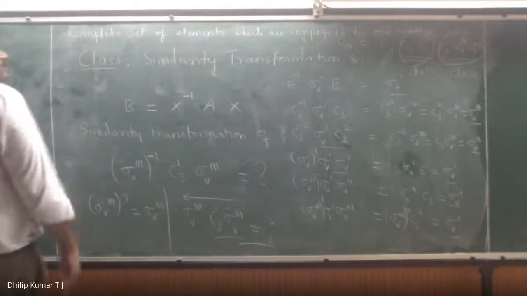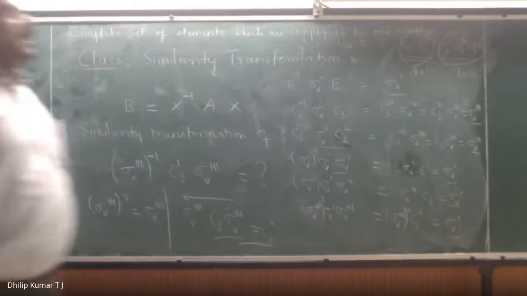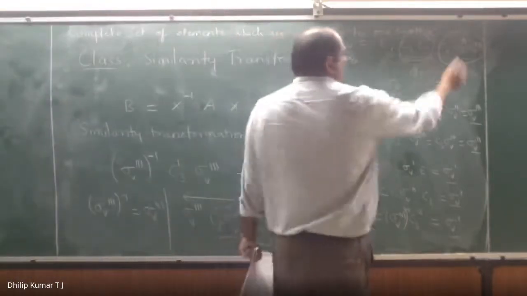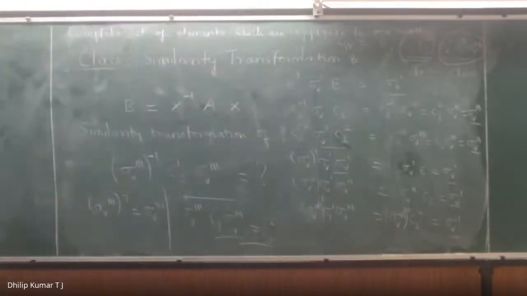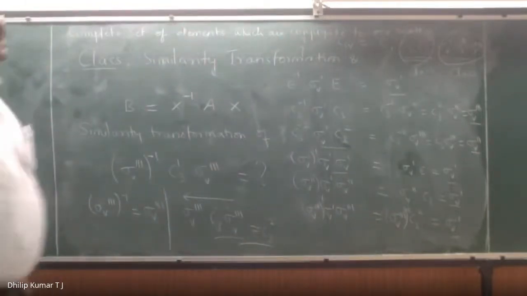So C3 and C3 2 form a class, and sigma V prime, double prime, triple prime form another class.